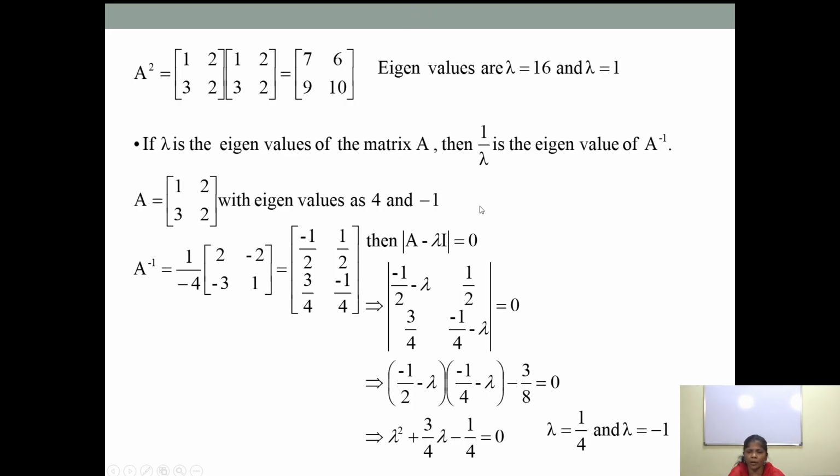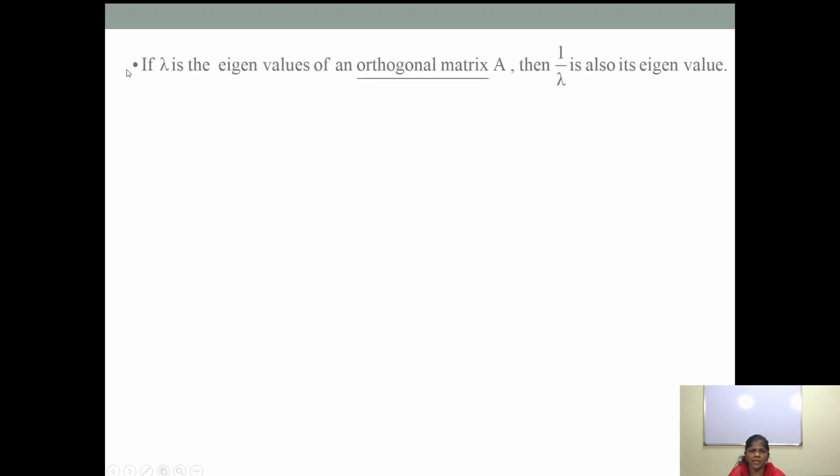Now next is, if lambda is the eigenvalue of an orthogonal matrix. Now recollect, what is meant by an orthogonal matrix? Orthogonal matrix means when A into A transpose is equal to I, or when A transpose and A inverse are equal.